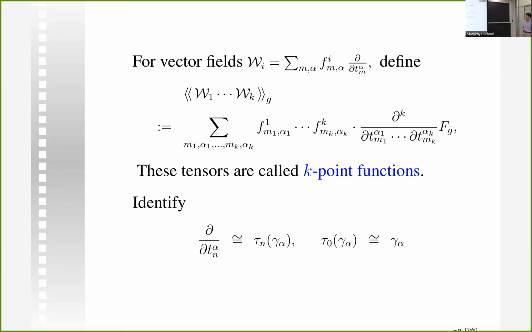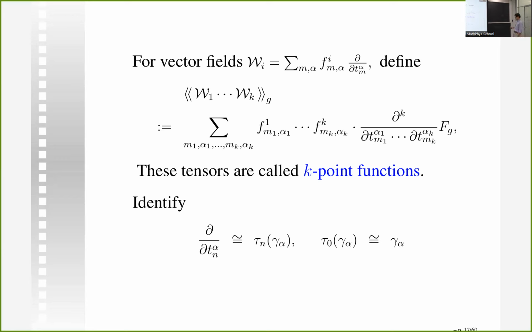The good thing about this is that it really defines a tensor. It defines a k-tensor on the big phase space. It's actually the k-th covariant derivative along these vector fields of the generating function with respect to the flat connection. I call these functions k-point functions, which you get by expanding the vector fields along the coordinate vector fields.